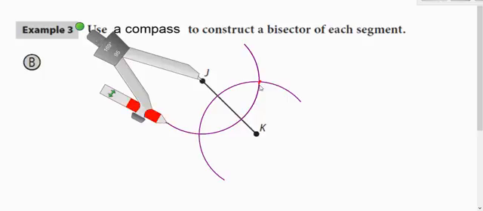So now you get the two points, one up top, one down below. And if you connect those two points with a straight edge, then you've made the bisector, and therefore that point of intersection is the midpoint.